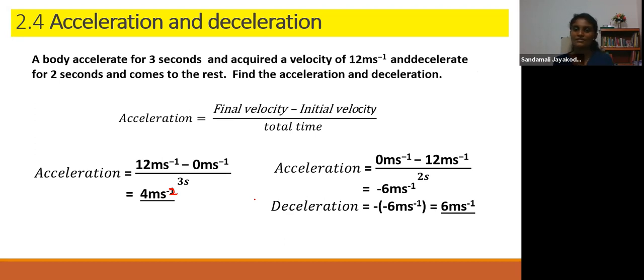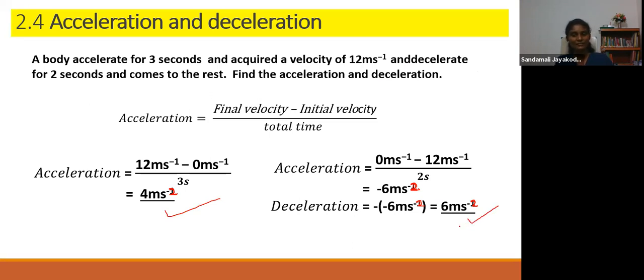Minus 12 divided by 2 is minus 6 meters per second squared. Then our answer is deceleration. It should be put as a deceleration, so we have to put it as a positive value. 6 m/s squared. That is the deceleration. So we get acceleration and deceleration at the end.